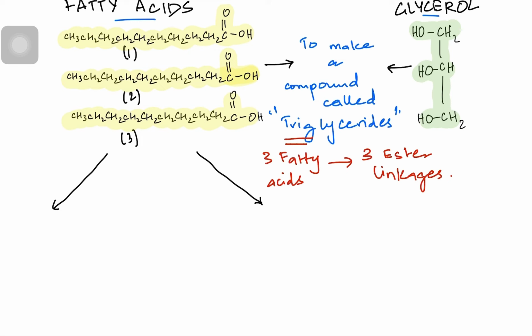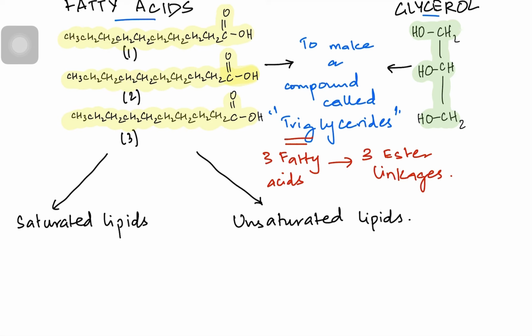The fatty acids can be of 2 different categories. The first is saturated lipids or saturated fatty acids. The other is unsaturated lipids or unsaturated fatty acids. If your fatty acid, Fa here means fatty acid, has no carbon-carbon double bond anywhere, it is called saturated.